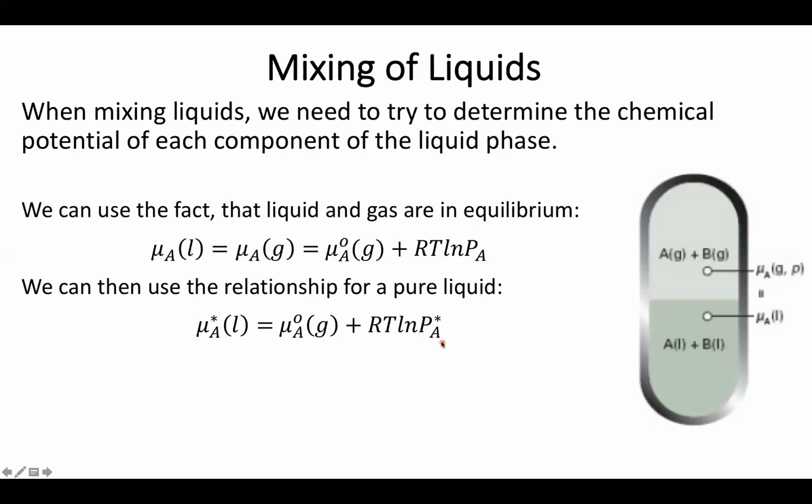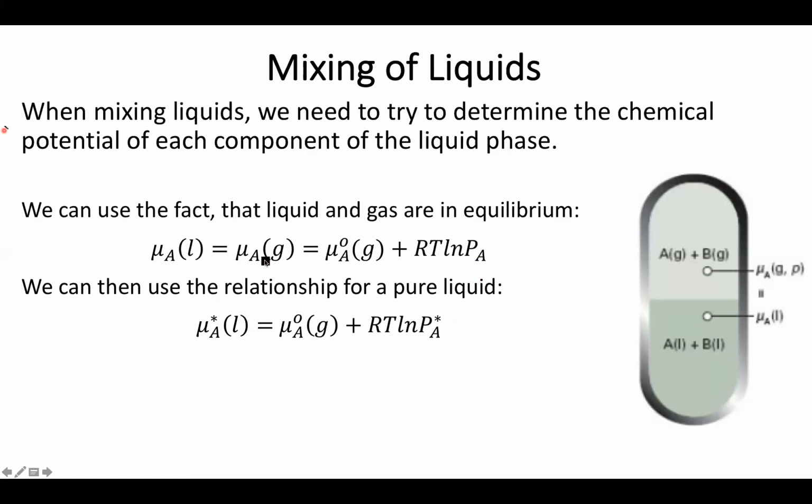And so this can actually be fairly useful, as what we may have noticed by looking at these equations is that both of them contain the chemical potential of the gas at standard state, but more importantly, they also contain the chemical potential of our mixed liquid and my pure liquid, and two measurable quantities that can essentially relate these two.